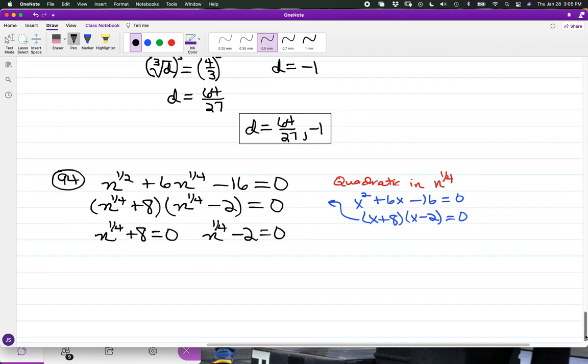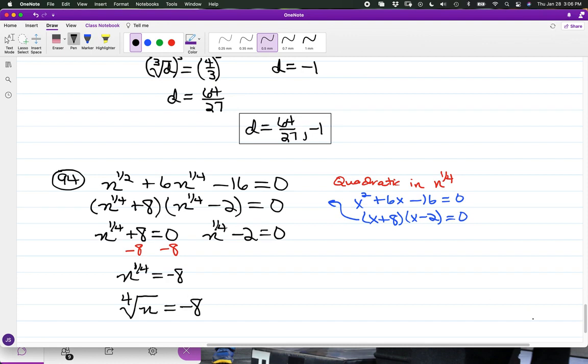So with these factors, n to the 1/4 plus 8 is equal to 0. If I take 8 away from both sides, we have n to the 1/4 is equal to -8. Writing from a non-integer exponent to a radical, we have that the fourth root of n is equal to -8.